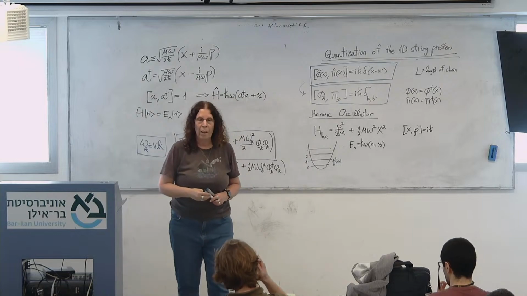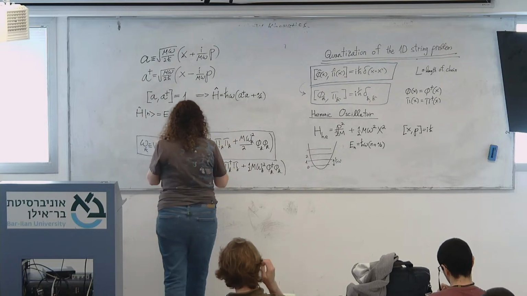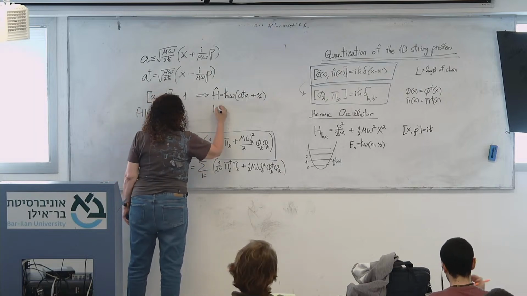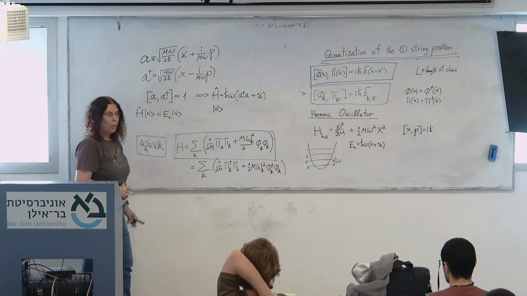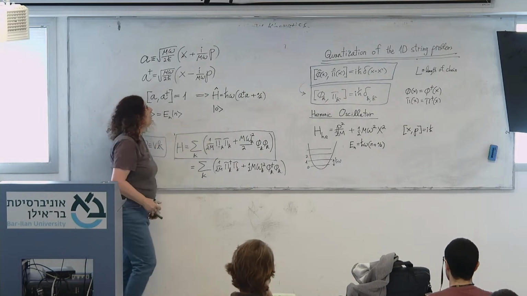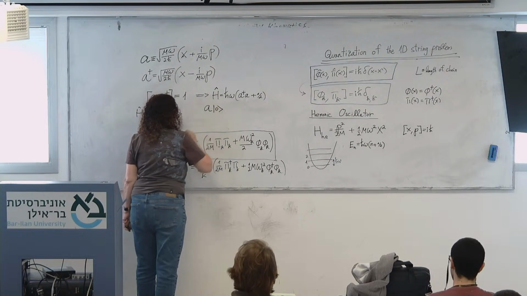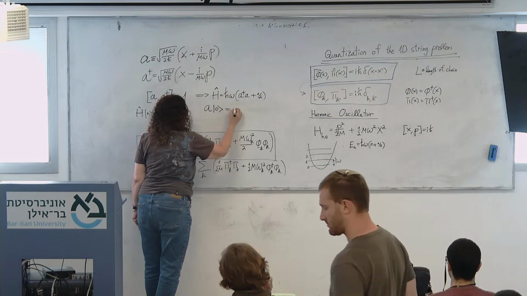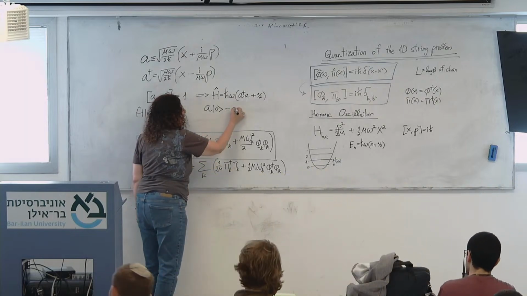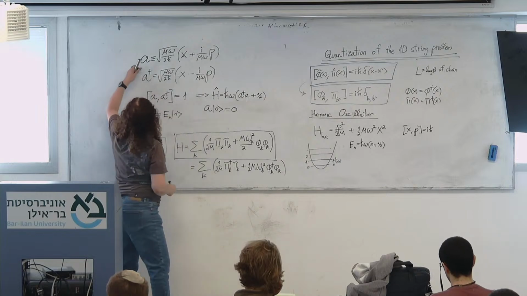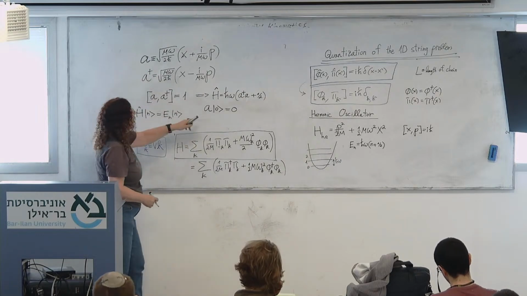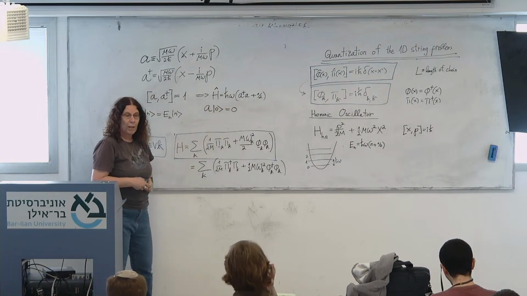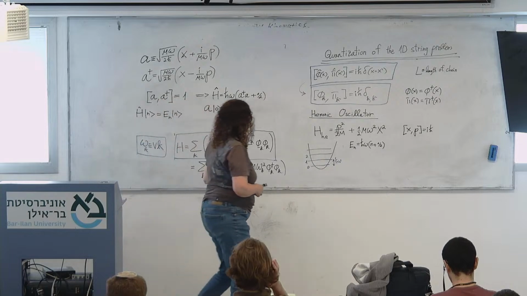So what one can show, and I'm not showing, I'm just reminding, is that if you take the ground state, I denote it like this, and I apply the operator a, what do I get? I get 0. So the ground state is an eigenstate of the ladder operator a with eigenvalue 0. What does it mean? How can I interpret this?